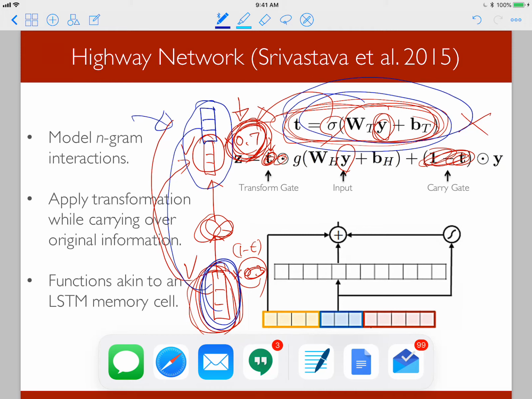Okay, but still, this increased depth or increased dimension may give a problem because in the next layer that takes this concatenated vector as an input, we'll have to take care of a large dimensional vector, right?